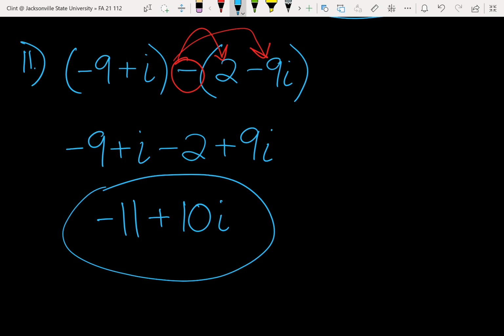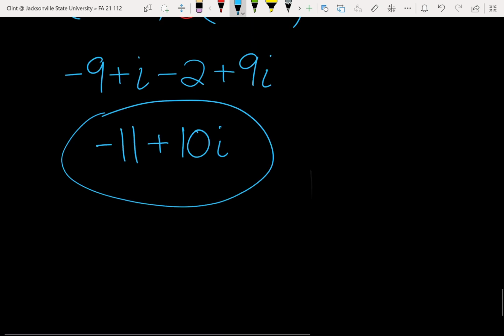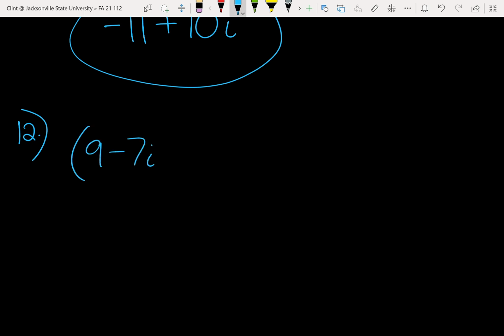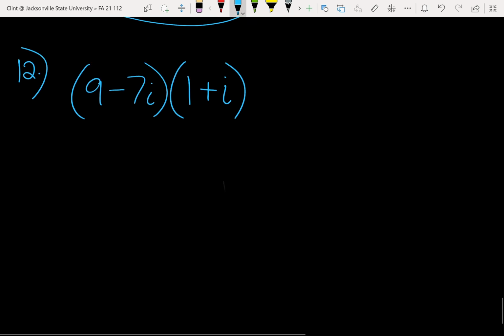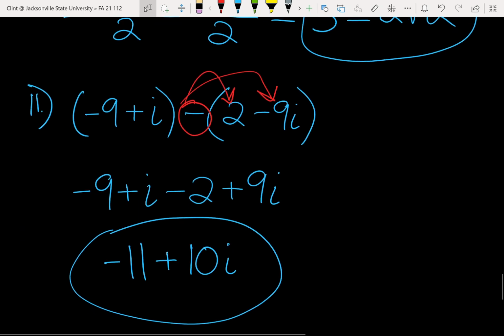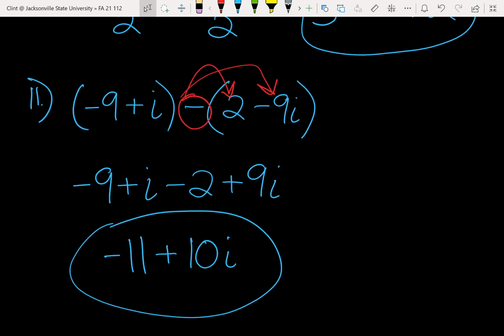Number 12 gives me 2 complex numbers and says evaluate the product. Write our answer in a plus bi form. So we're multiplying this time. One common mistake I see sometimes is people overlook the difference between number 11 and number 12 if you're not reading the directions or looking at the notation carefully.